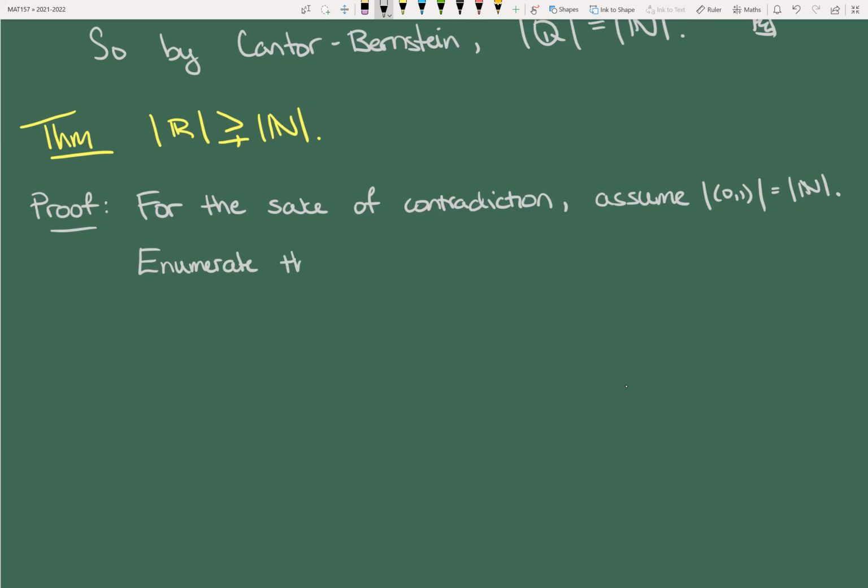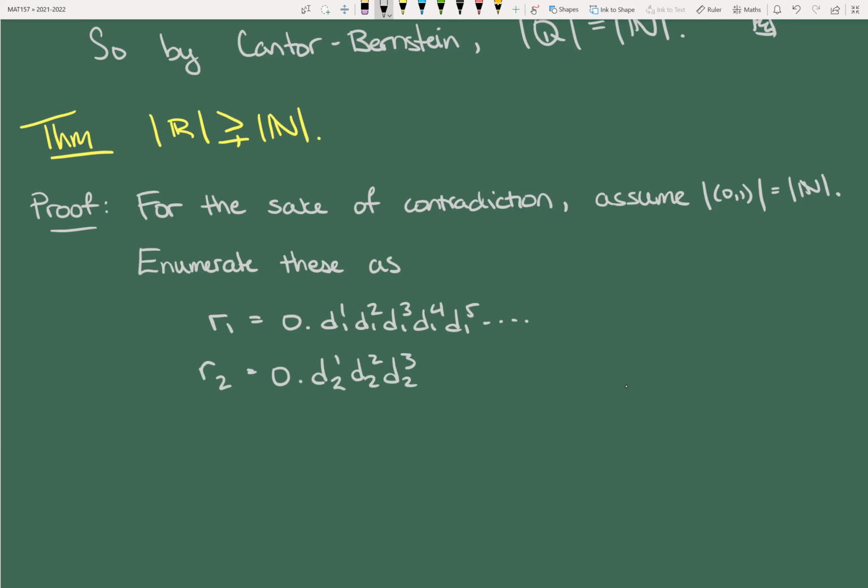So enumerate these as R1 is 0 point D11, D12, D13, D14, D15, then R2. This part is a little bit boring because I'm going to have to write out a couple of them to show you what we're doing. It's called Cantor's diagonalization, so I'm probably going to have to draw a diagonal at some point.